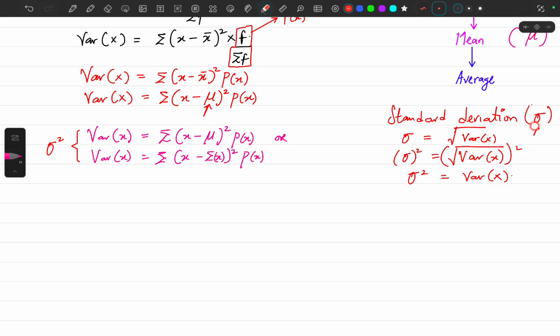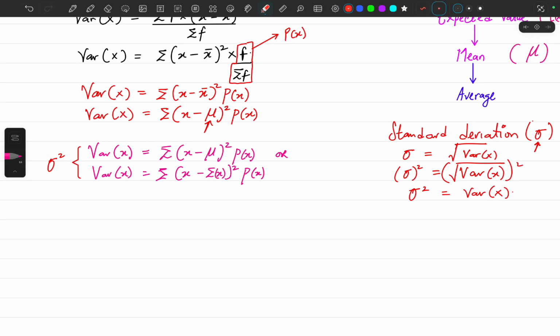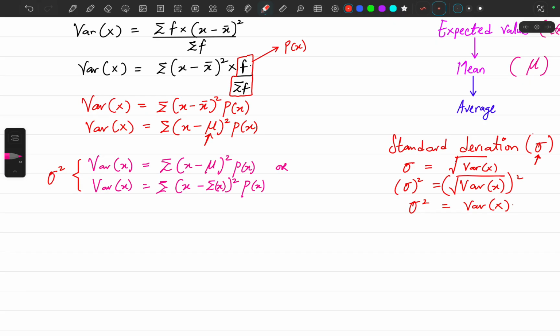When you see the symbol like this, that is the standard deviation. You just want to know that. Standard deviation, standard distance apart, right? So the variance and standard deviation are both measures of spread. Does that make sense? So this is the measure of spread in an intuitive way. We've gotten variance and standard deviation.